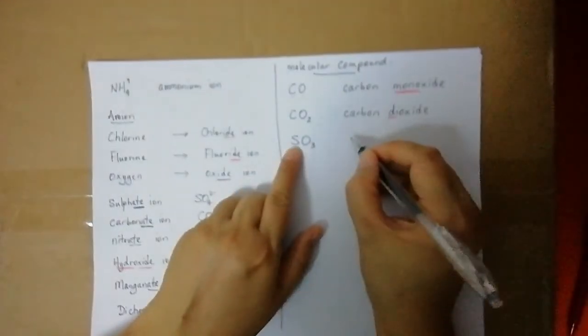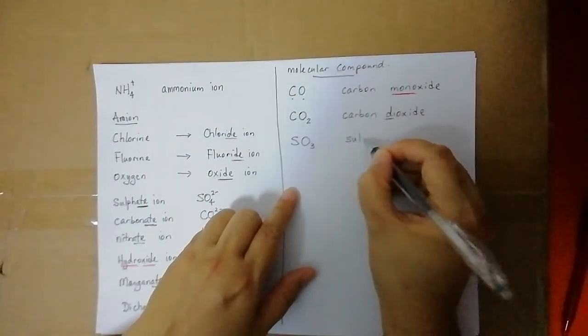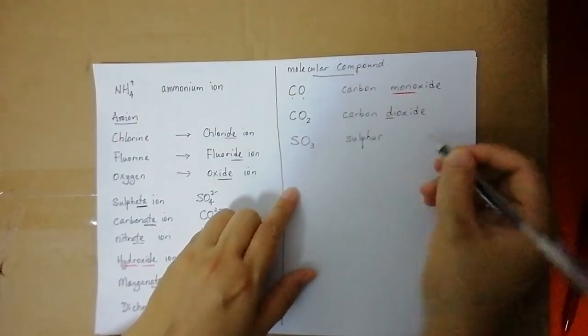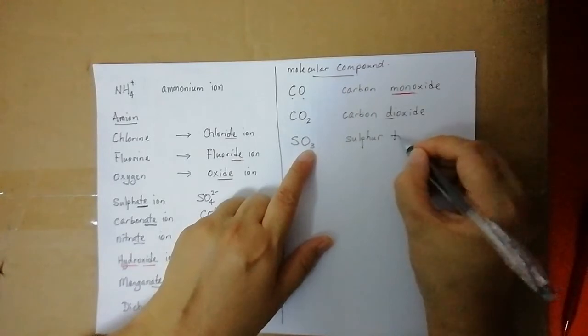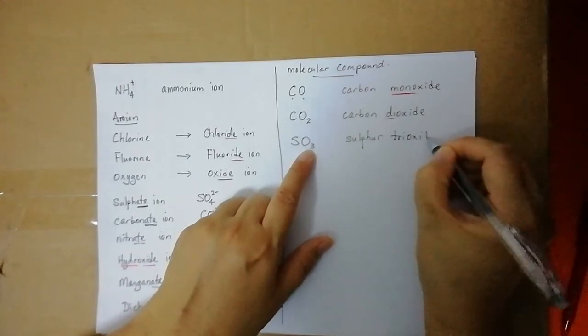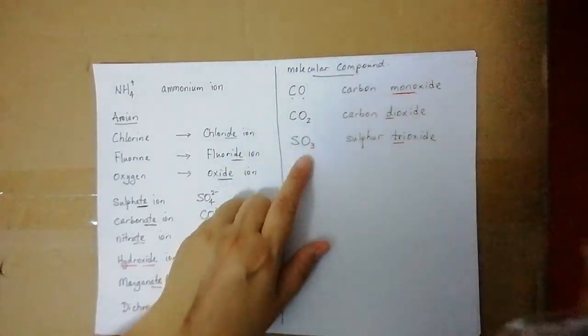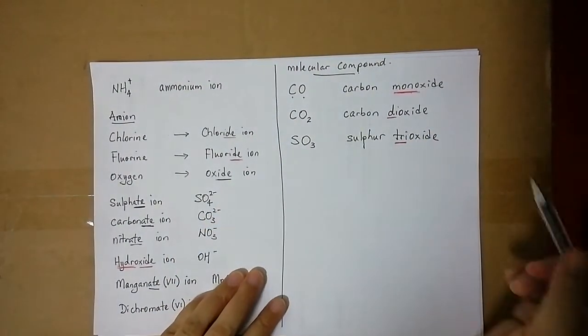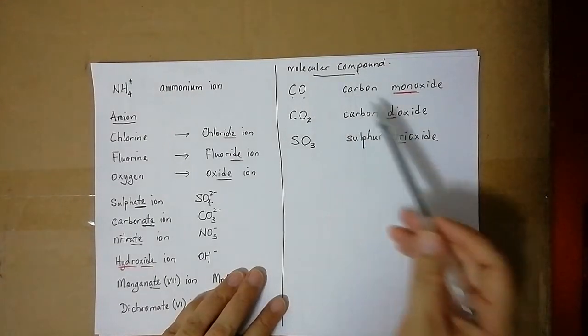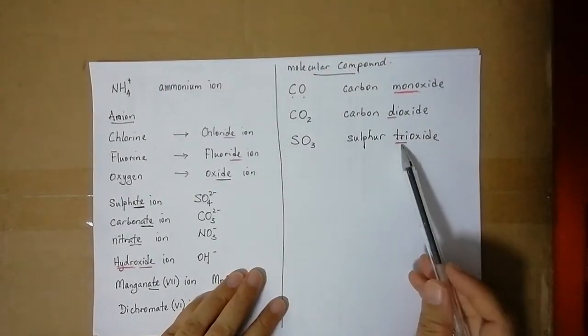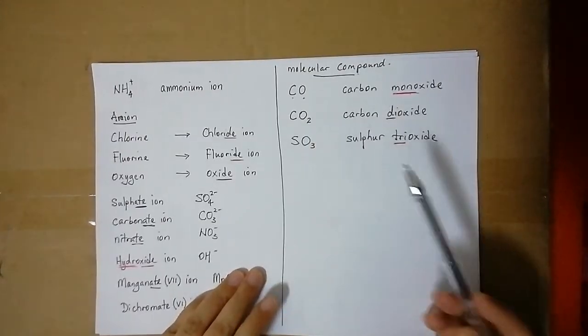The first one, S, stands for sulfur. So we have sulfur, 3 oxygen becomes trioxide. So you have trioxide here. As you can see here, mono stands for 1, di stands for 2, tri stands for 3.